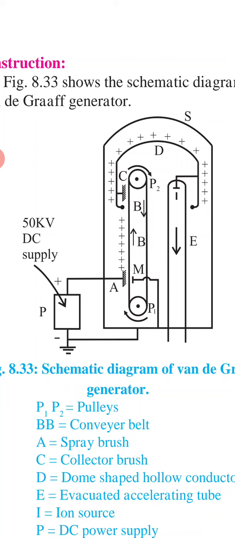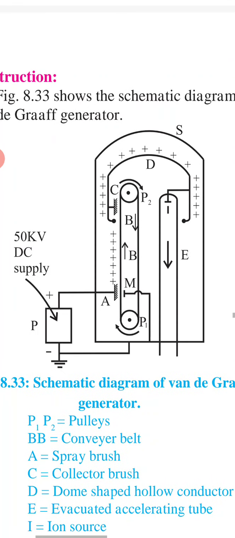Working. The electric motor connected to pulley P1 is switched on, which begins to rotate, setting the conveyor belt into motion. The DC supply is then switched on. From the pointed ends of the spray brush, positive charge is continuously sprayed on belt B. The belt carries this charge in upward direction, which is collected by the collector brush C and sent to the dome shaped conductor.